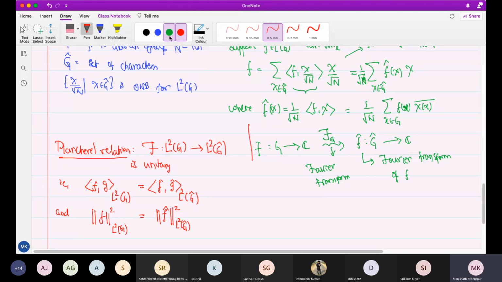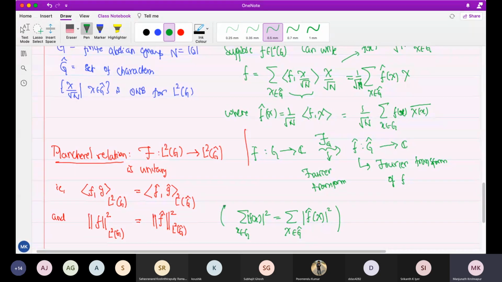As I said, G hat is just a finite set at the moment, not a group as far as we can see. So this means the summation of f of x square is the summation of f hat of chi square, and similarly you can write the other one. That's the Plancherel relation. It's immediate from this orthonormal expansion. Anytime you expand, that's what you get.